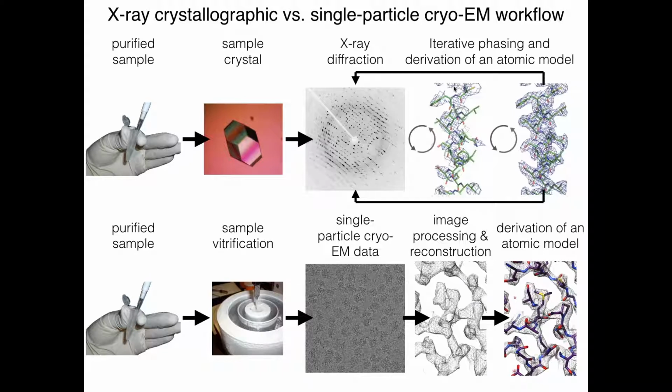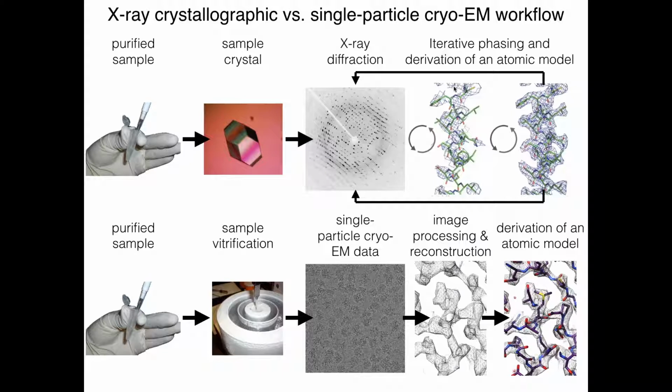These are ensemble images, right? But with EM, these are individual particles. Okay, and so it's fundamentally a single molecule technique, which actually allows you to understand structural heterogeneity in interesting ways.